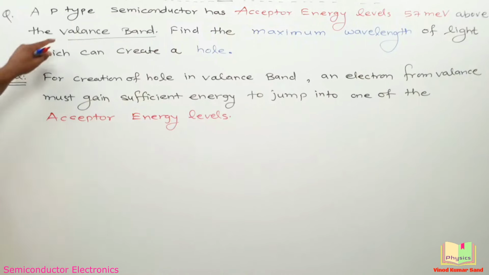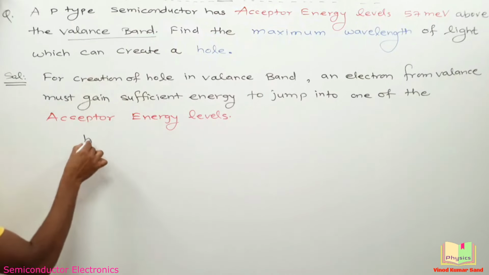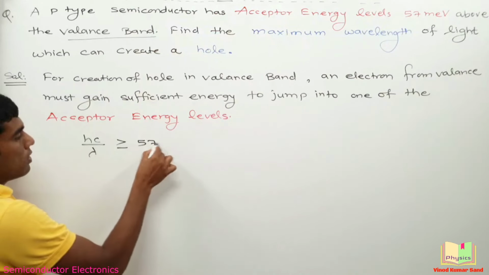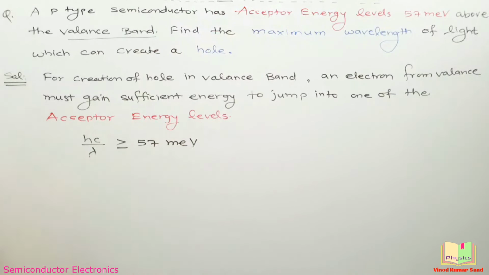Hence, the Hc by lambda should be greater than or equal to 57 milli electron volt.